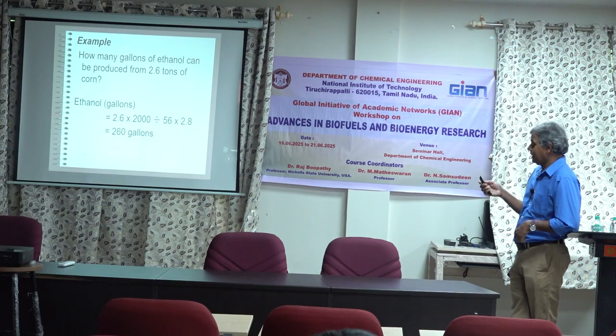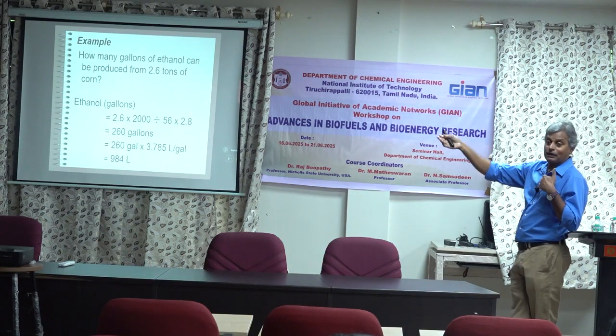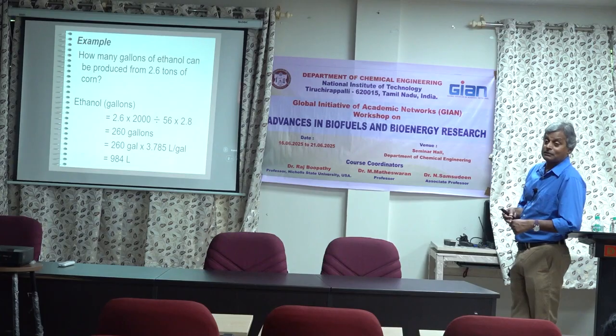Plugging this in, you can make 260 gallons of ethanol, or with the liter conversion, 985 liters of ethanol from the 2.6 tons of corn per acre that you produce. So based on farm yield, you can estimate before you harvest what the profit margin is going to be.